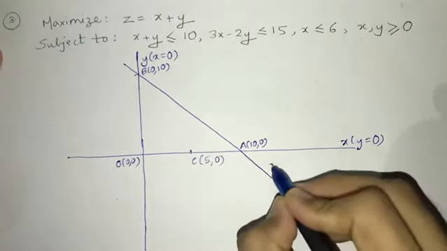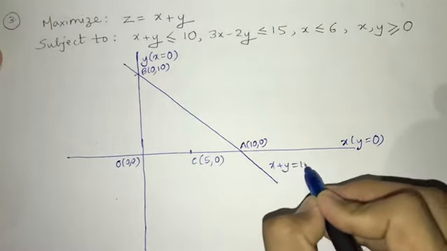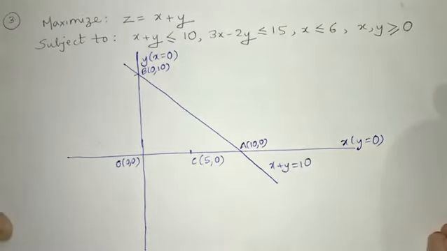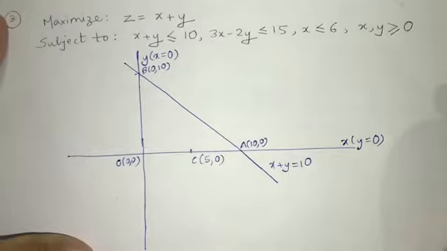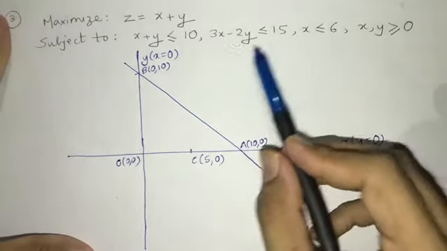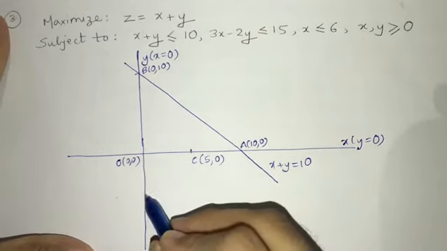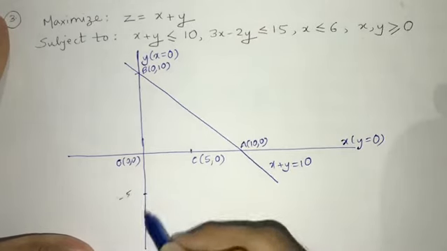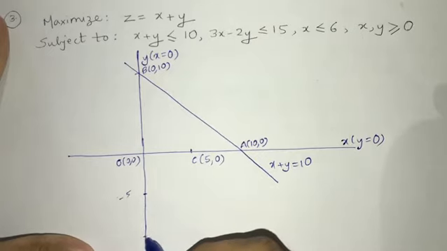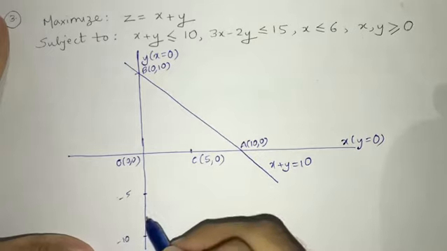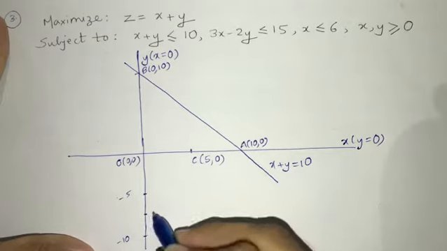The first line is x plus y equal to 10. The second line passes through (5, 0). And if I divide by 15, I get 7.5, but this time it is going to be negative 7.5. Below there we take minus 10, so somewhere between that will be minus 7.5.